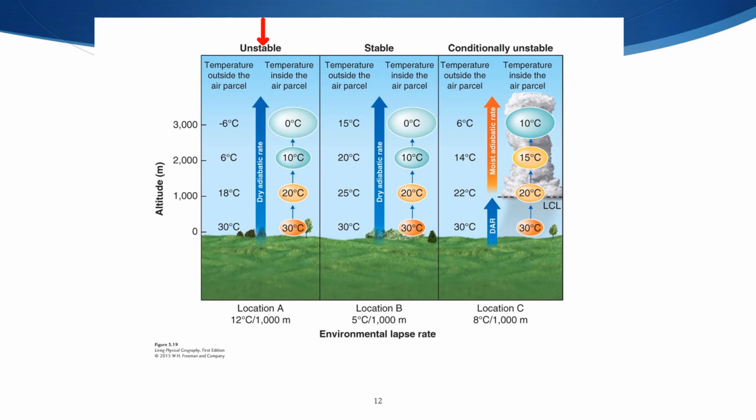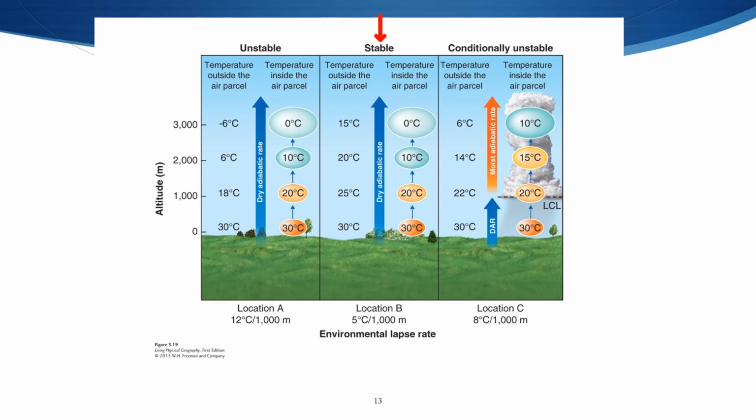At 1,000 meters, the air parcel is warmer than the environmental air. At 2,000 meters, the air parcel is still warmer than the environmental air. Same thing at 3. It has stayed warmer than the outside air, the ambient air, this whole way up. It is unstable. It is warmer than the surrounding air, and it wants to rise. The air is less dense. It wants to rise and expand.